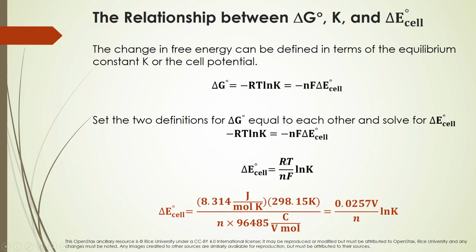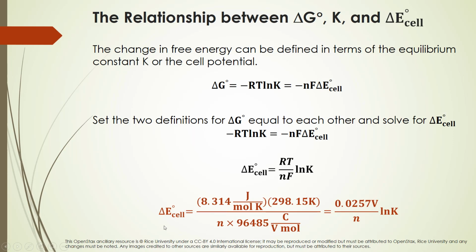And when we do that, we're going to get RT over nF multiplied by natural log of the equilibrium constant. Now, this is extremely useful, it relates the cell potential to the equilibrium constant, and of course we already have a relationship between delta G and both K and the cell potential.